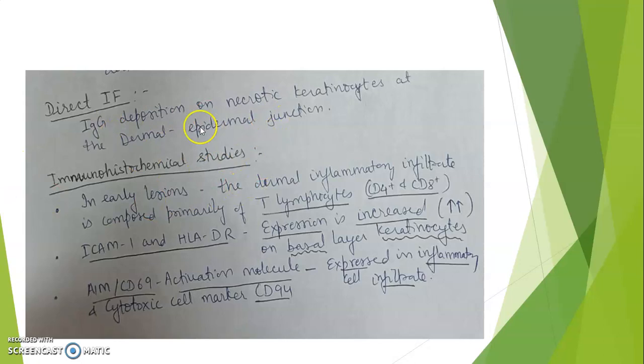The immunohistochemical studies. In early lesions, the dermal inflammatory infiltrate is composed primarily of T lymphocytes, CD4 and CD8.